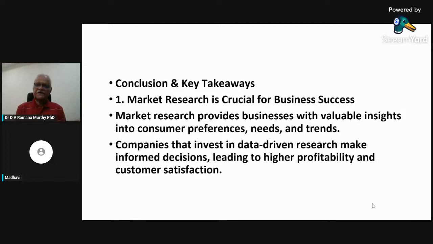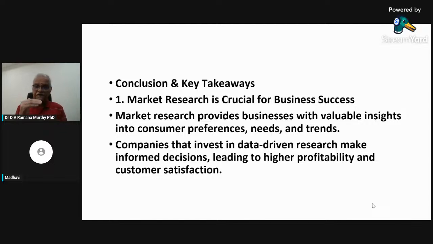We have seen a number of case studies again. Companies have to invest in data driven research; there is no other alternative. Of course, doing the research is a costly affair, right? There can be primary research or secondary research. Yes, it is very, very important, but it is costly. But only companies that invest in data driven research can make a success story, mind it, and have sustained markets. Otherwise, no.